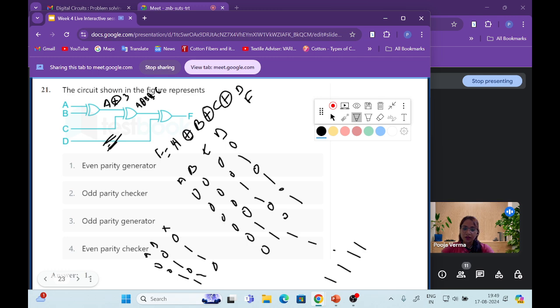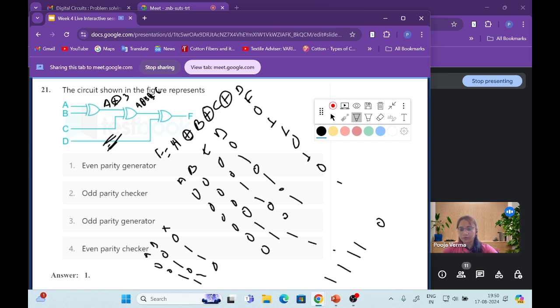If inputs are different, then the output will be 1. So all are the same, so the output will be 0. And here 1 is different, so the output will be 1. Here also 1. Here 0 XOR 0 will be 0, 0 XOR 1 will be 1, 1 XOR 1 will be 0. Here two inputs are 0, two inputs are 1, so at the end it will come 0. So like this it will come.